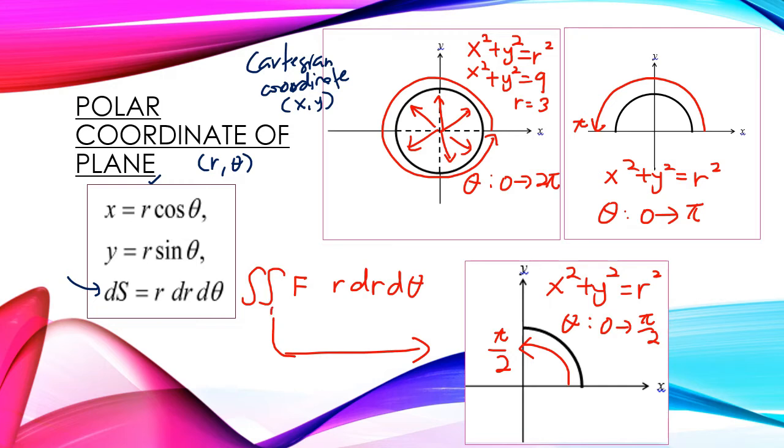Let's say your equation is x squared plus y squared equal to 9. So radius is 3, so r is 0 to 3. You don't have to substitute the r here because we have dr. You're going to integrate r after this, so make r a constant in this case. So theta is 0 to pi over 2. Okay, very easy.